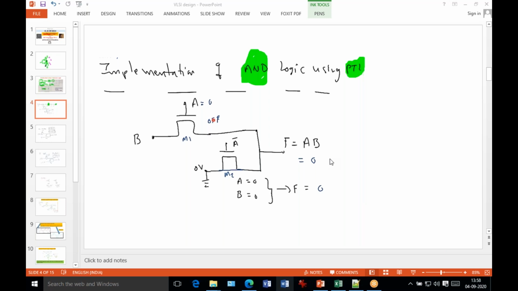Here also two transistors, both are NMOS transistors. But here the beautiful feature is the combination is something different as compared to the previous designs. So we discussed the circuit configuration.